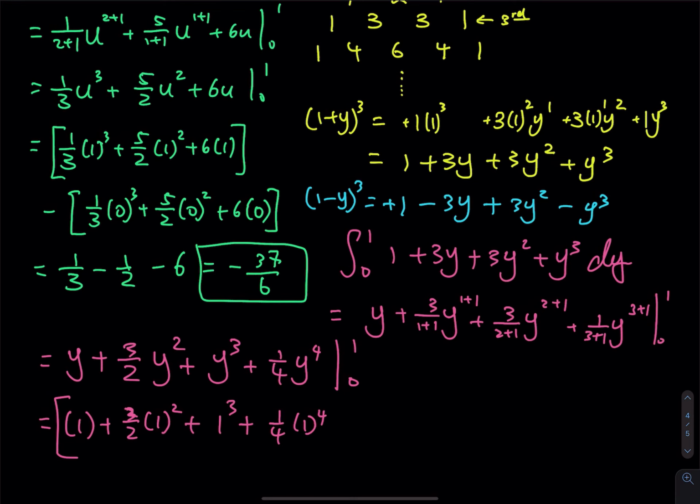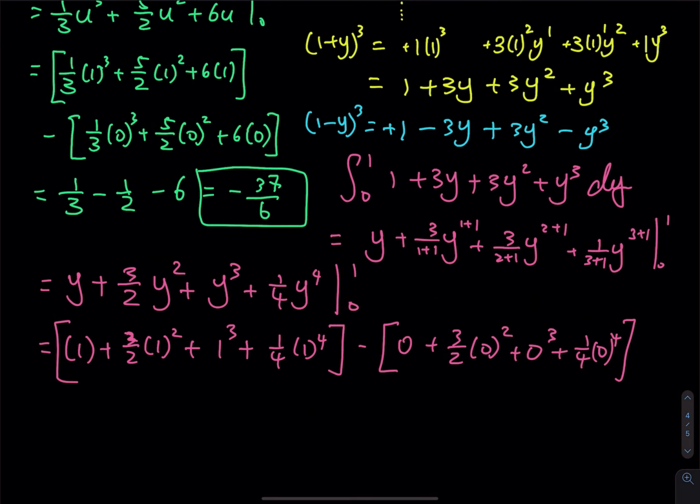So we just finish the 1, and then the 0. That will be all 0. I will just write it for you anyway. 0 plus 3 over 2 times 0 squared, plus 0 to the third, plus 1 over 4 times 0 to the fourth. Alright, so the second square bracket is all 0. If you take care of your math carefully, the answer of this integral is equal to 15 over 4.